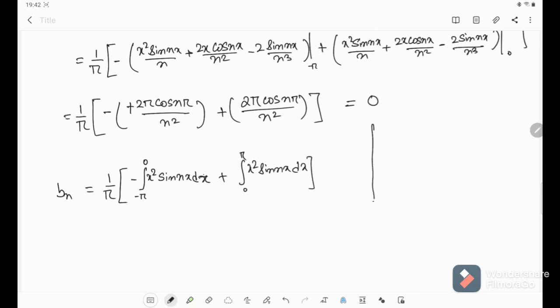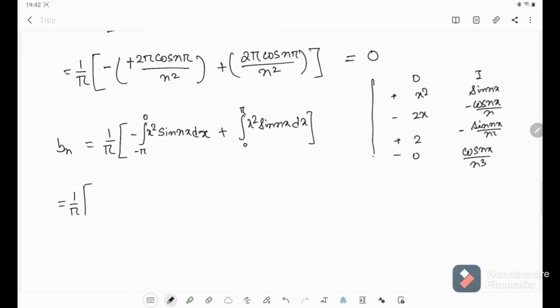Again I shall resort to the technique d I plus minus plus minus, so x square sine nx, first derivative 2x, minus cos nx by n, 2, minus cos nx by n square, 0, minus sine of nx by n square, and again it would be cos nx by n cube.